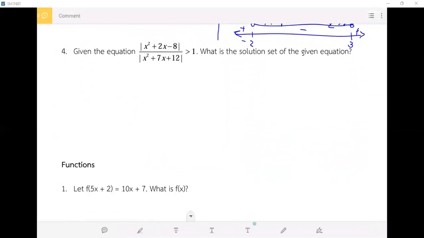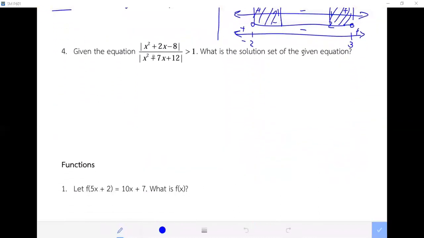Next one, find the solution set of this one again. But this problem, normally we never cross multiply something like this in inequalities. But here it is fine because the absolute value is always non-negative. It's never negative.